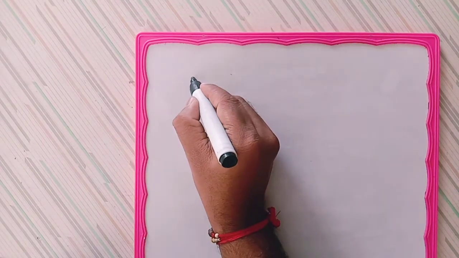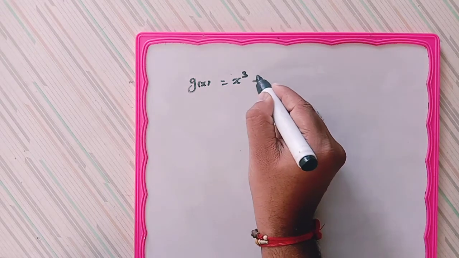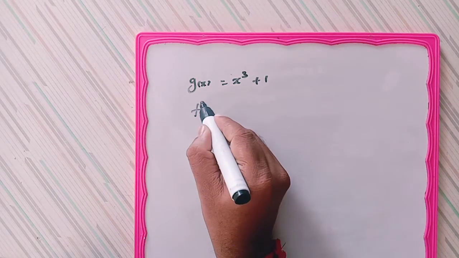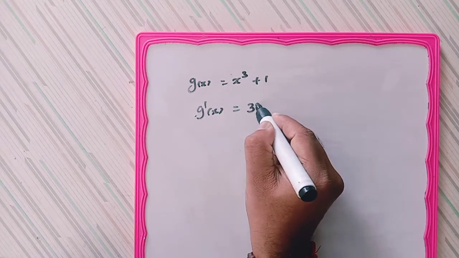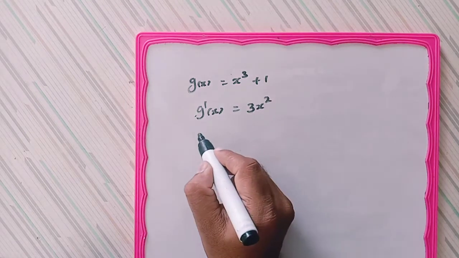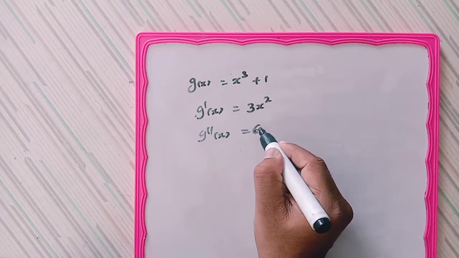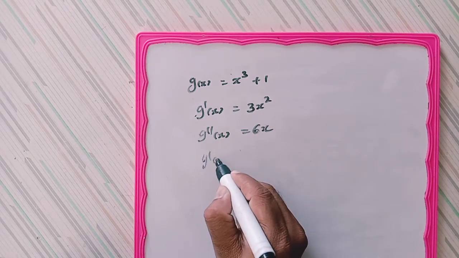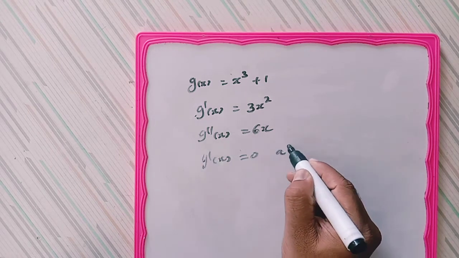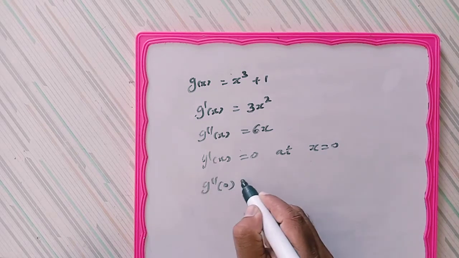Now the next question, we have g(x) equals x cube plus 1. So g'(x) we will have 3x square and g''(x) we have 6x, and so g'(x) equals 0 at x equals 0 and g''(0) will be 0.